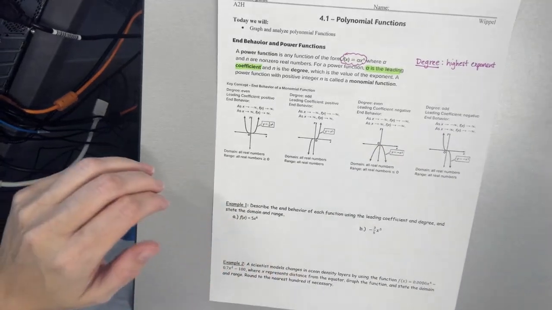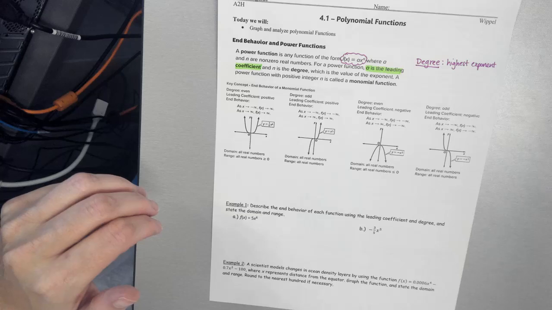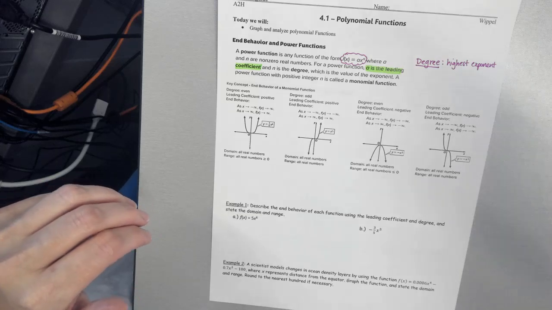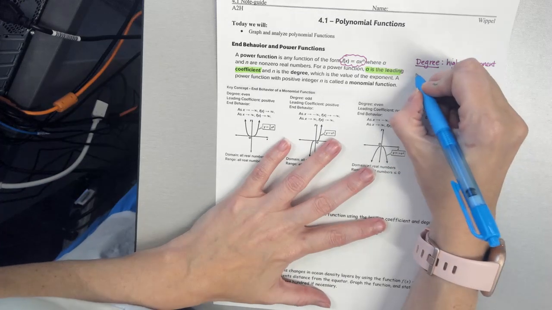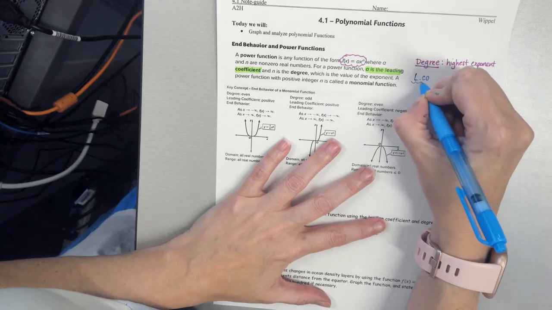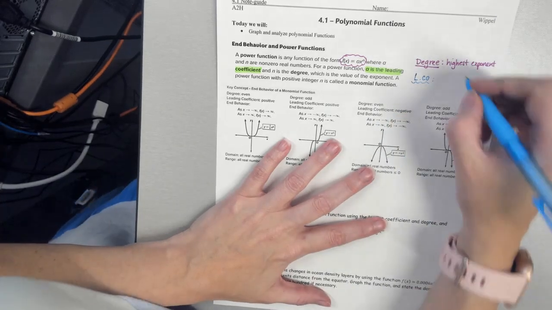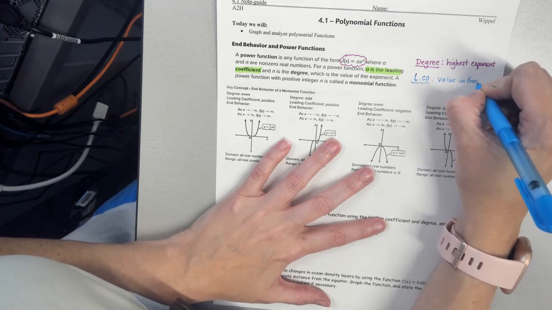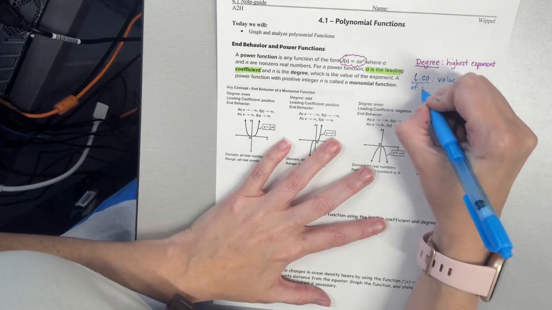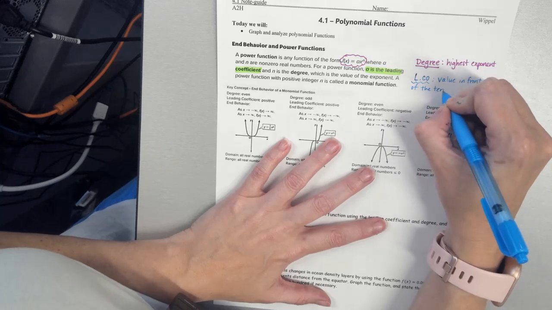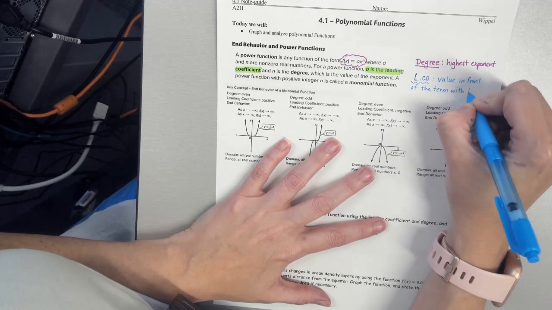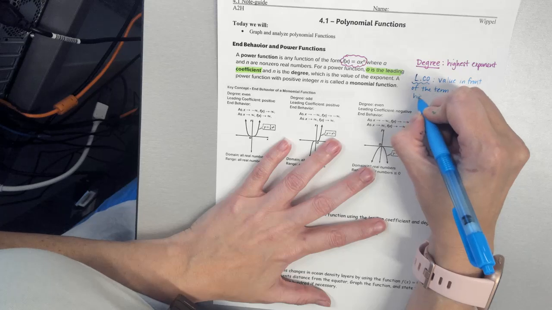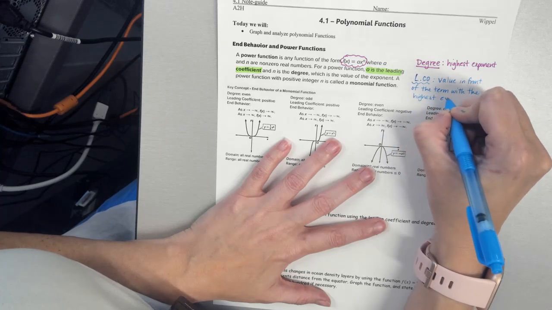So the leading coefficient, which we call the LC for short, is the value in front of the term with the highest exponent.